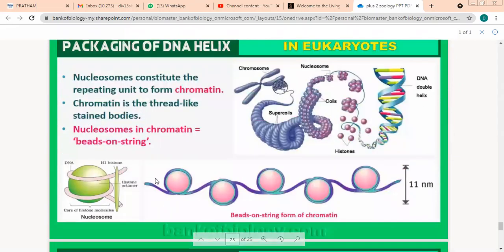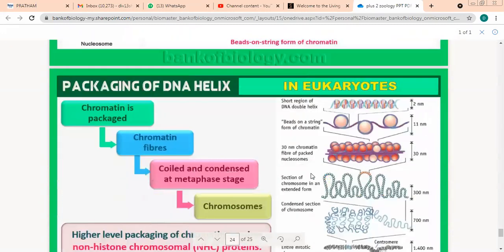Then I talked about this. What is this blue thread structure which you see? Chromatin. And these pink circular structures are nucleosomes. Let me go further. First we have chromatin threads, then from chromatin threads, chromatin fibers are made.